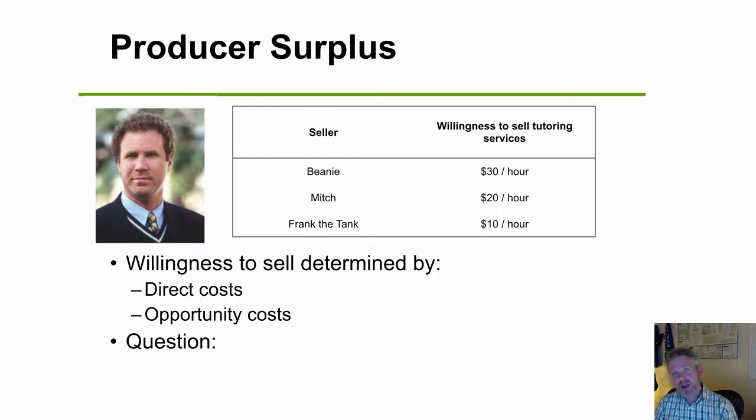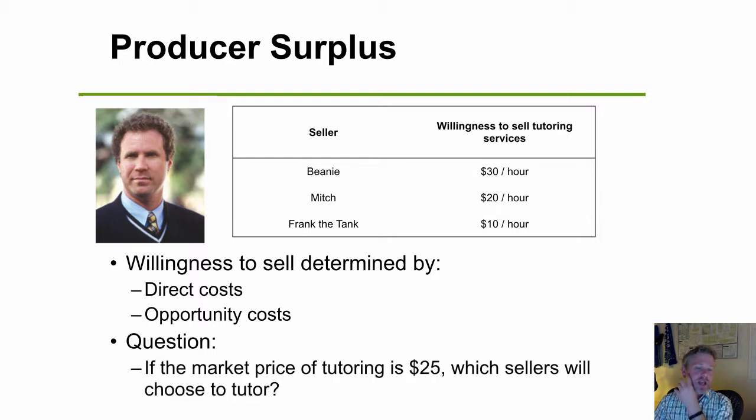Don't forget, we economists take this opportunity cost thing pretty seriously, so we're always going to have it as part of either a producer or consumer's calculation. It's what is that next best option? That's the opportunity cost, giving that up, all right? So the question is, if the market price for tutoring was $25, which sellers will choose to tutor?